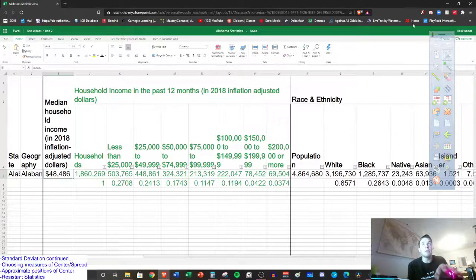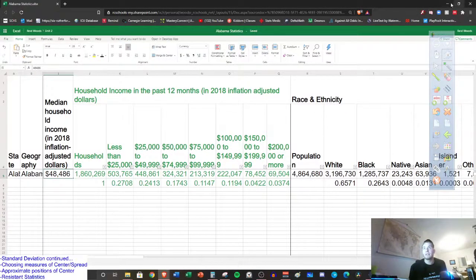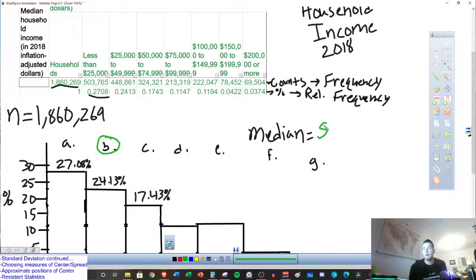Now, we were not able to actually find an exact value because we don't have the list of data. We didn't know, but we were able to approximate. So we're going to go ahead and put in this value, 48,486. 48,486 is the median value of this distribution.